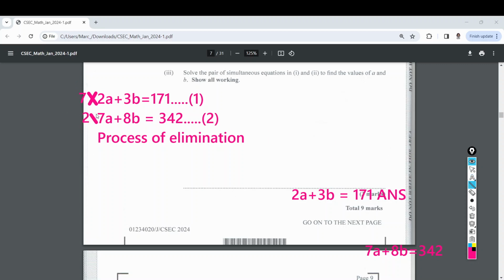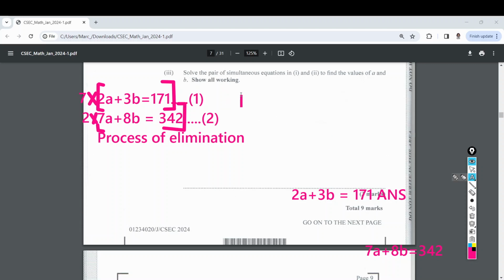So this is how it's gonna look, guys. Everything within this bracket here, we're gonna need to multiply by 7, and everything in this bracket here, we're gonna need to multiply by 2.